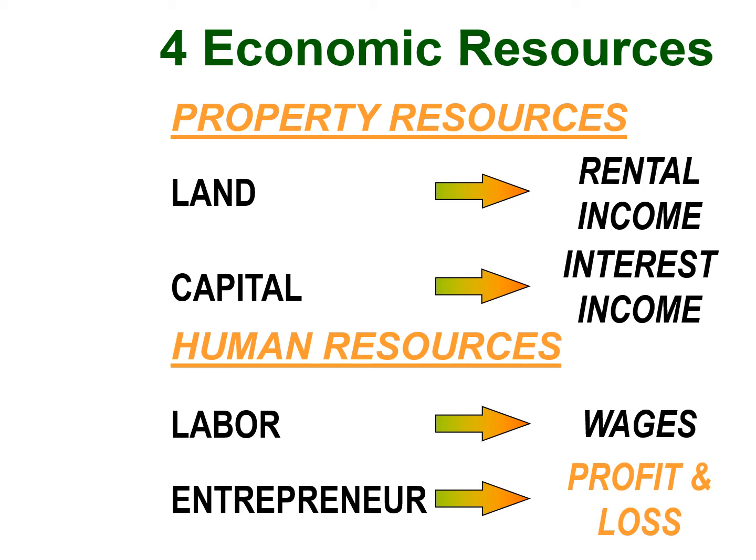Land, the gifts of nature. So copper, minerals, natural gas, water, any of the elements such as silicon which can be used for solar panels, all considered land resources. Any land resource used in the productive capacity of goods and services receives rent or rental income. It's one of those economic terms that seems unfamiliar to most individuals.